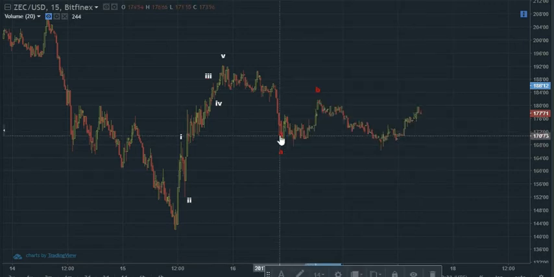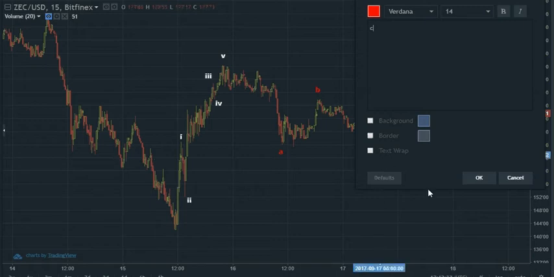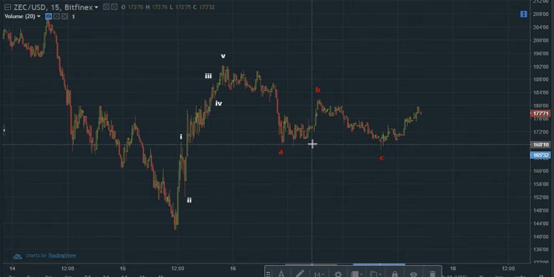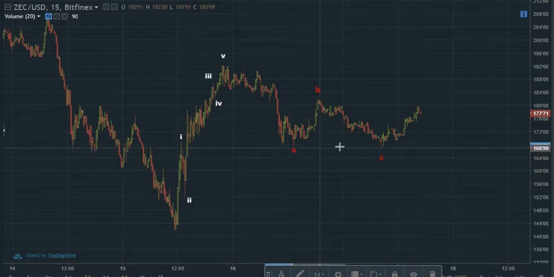B, C. The only thing here that's a little bit different is the length of C and the amount it went below the low point of A is very little.